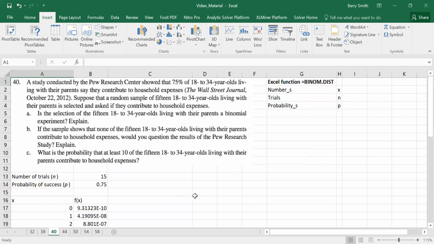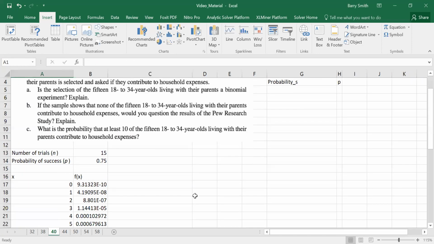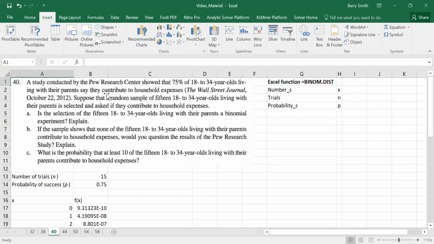All right, number 40. A study conducted by the Pew Research Center showed that 75% of 18 to 34-year-olds living with their parents say they contribute to household expenses. Now, suppose that a random sample of 15 18 to 34-year-olds living with their parents is selected and asked if they contribute to their household expenses. Is the selection of the 18 to 34-year-olds living with their parents a binomial experiment?